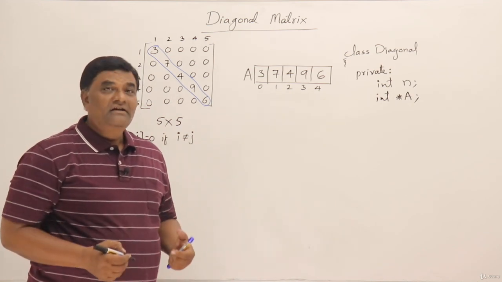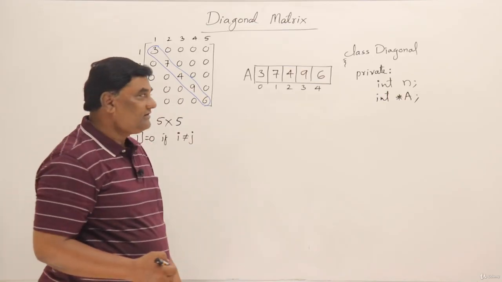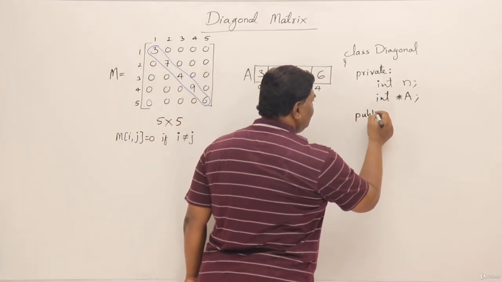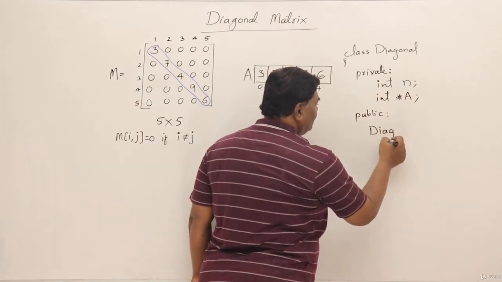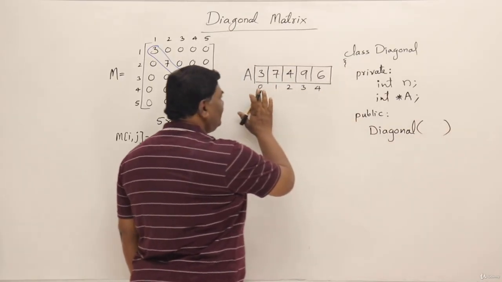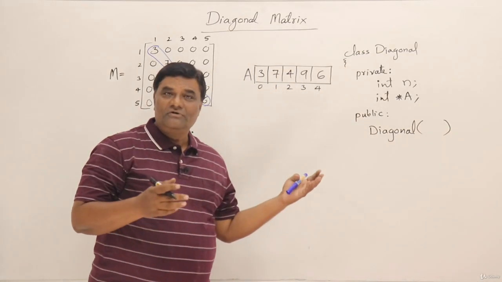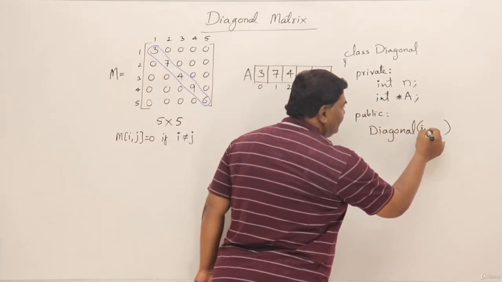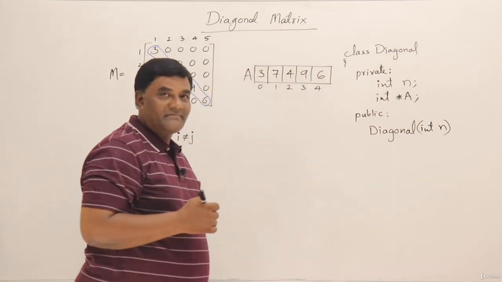The next thing I should write is a constructor. So the constructor inside public, I will write a constructor for diagonal. When you are creating an object of this class, what do we need? We need the dimension, whether it is of size 5 or 4, whatever it is. So let us take int n. This will take a dimension.